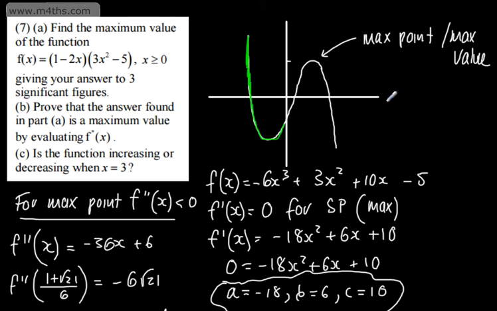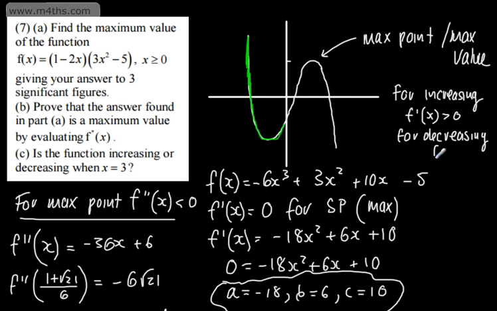Alternatively, if you wanted to play safe, we can say for increasing functions, f dash of x is greater than 0. For decreasing, we can say now that f dash of x is less than 0. So greater than 0 for an increasing function.